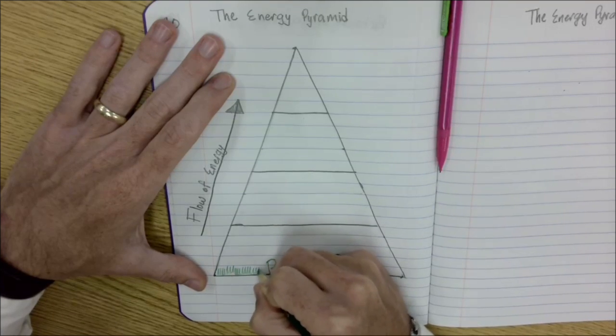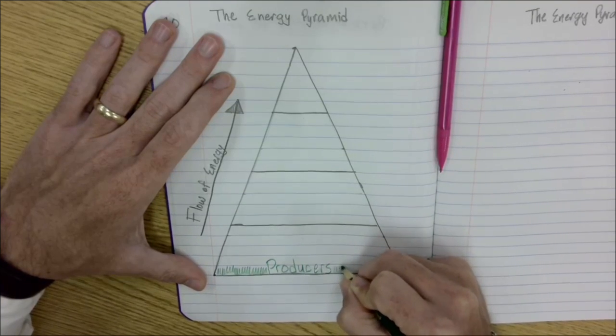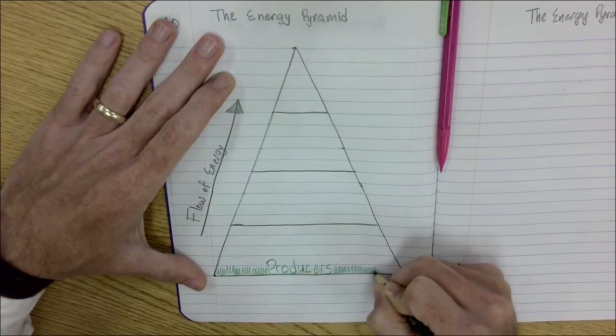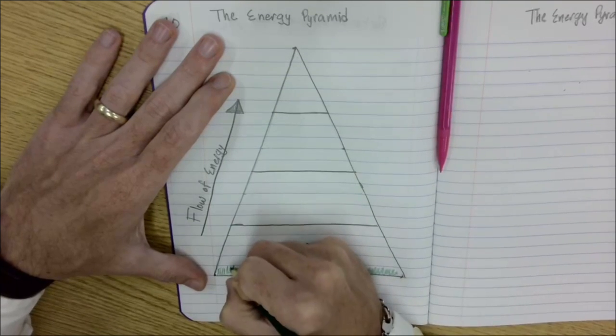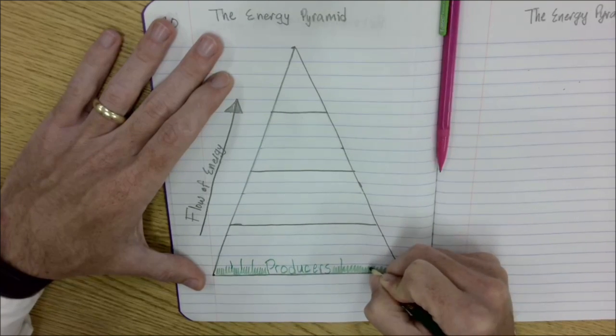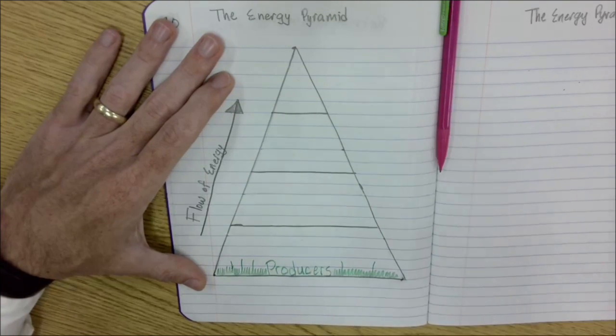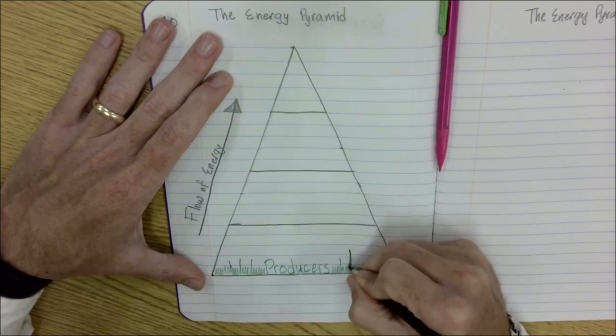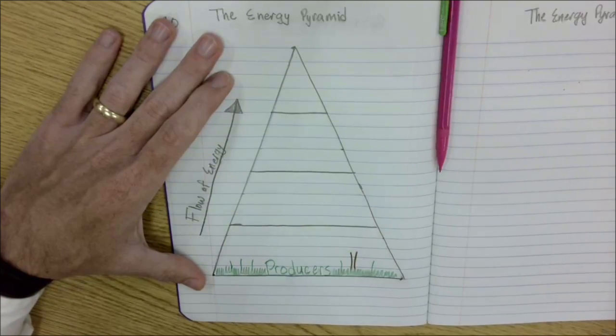I'm going to do some grass. Let's see, do some flower stems. I'm going to take my brown and add a tree.